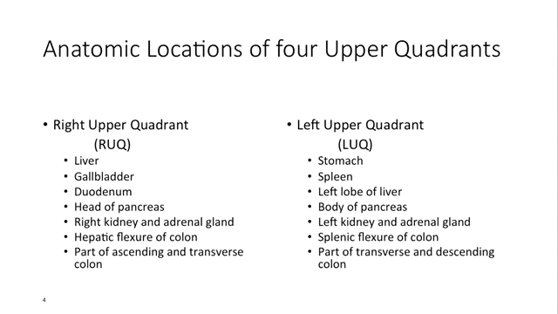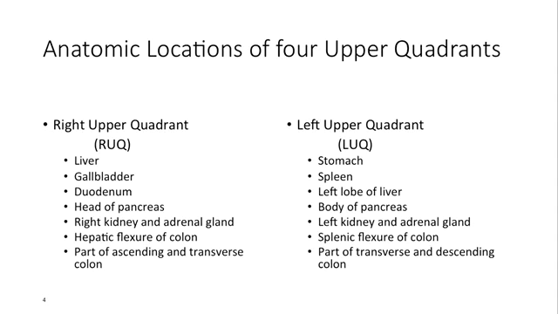Your right upper quadrant has your liver, your gallbladder, duodenum, the head of your pancreas, your right kidney, which is anatomically posterior or in the back, and your adrenal gland, part of your colon, part of your ascending and transverse colon.